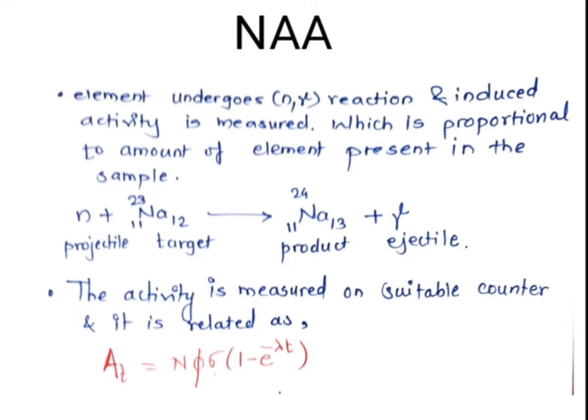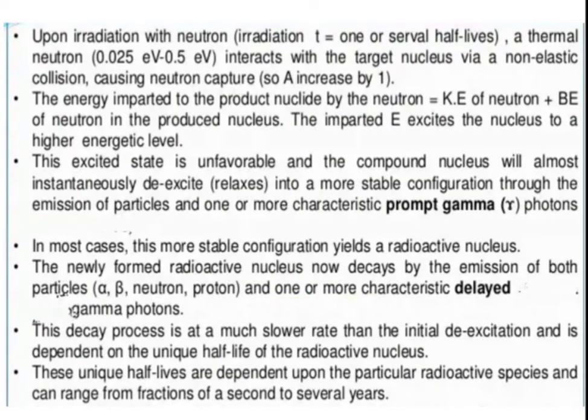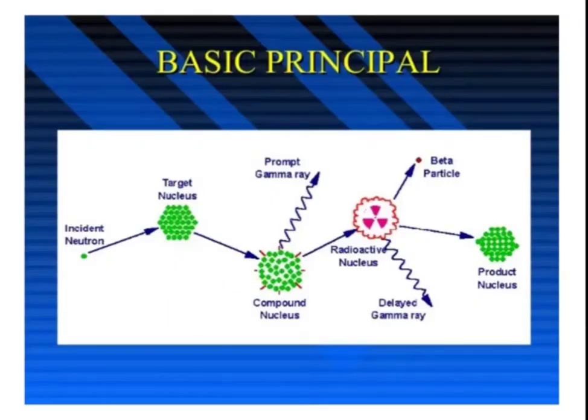So see the general reaction, or one example is given here. We have taken sodium-23 as a target material, and we bombard it with neutrons. This neutron is a thermal neutron, as I have told, its energy is low, 0.025 to 0.5 electron volt.